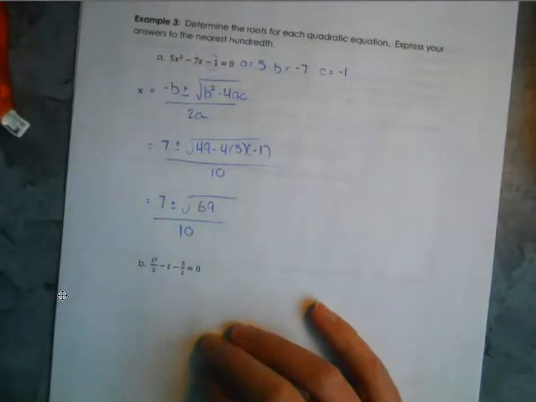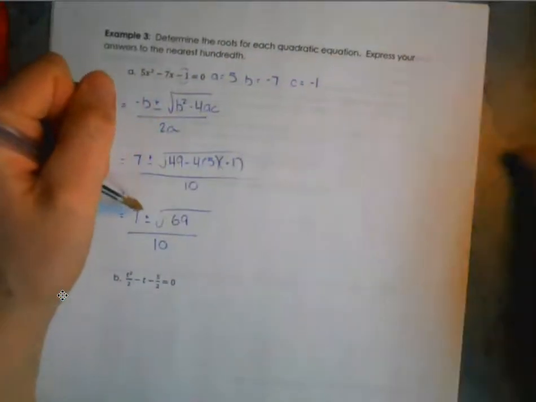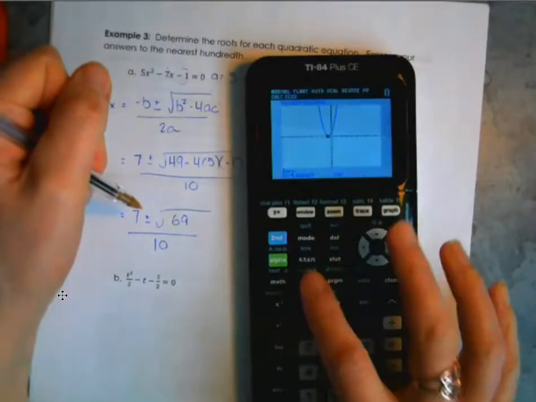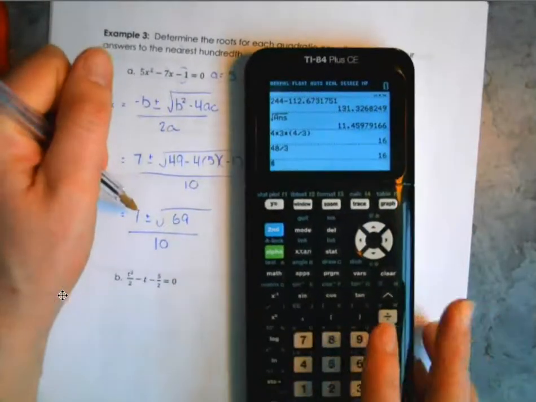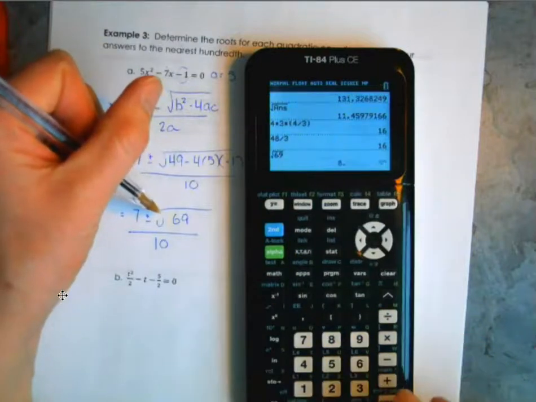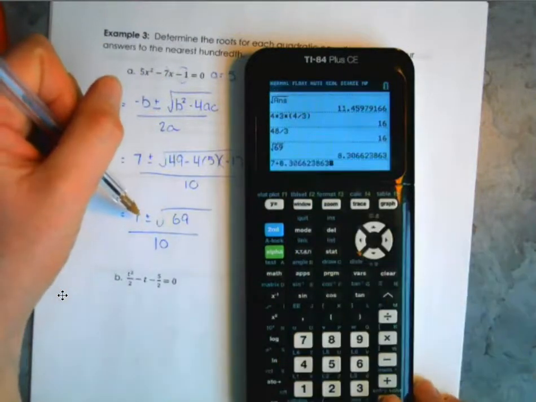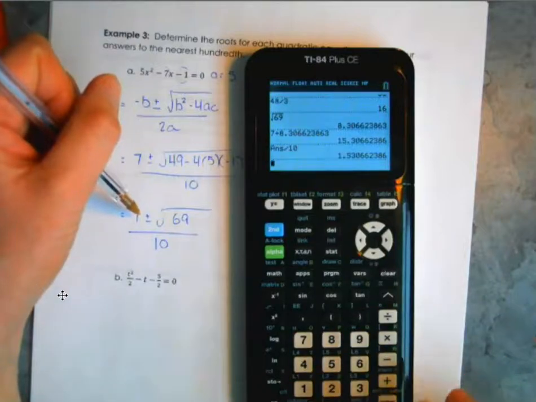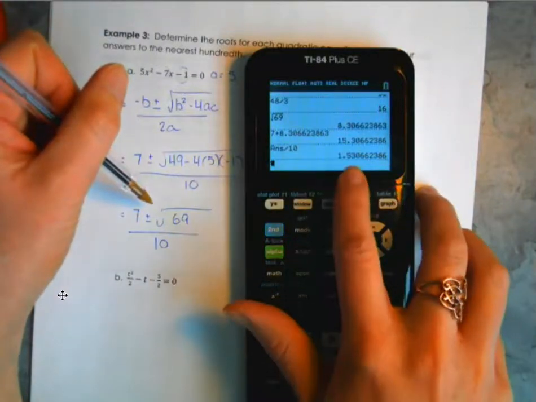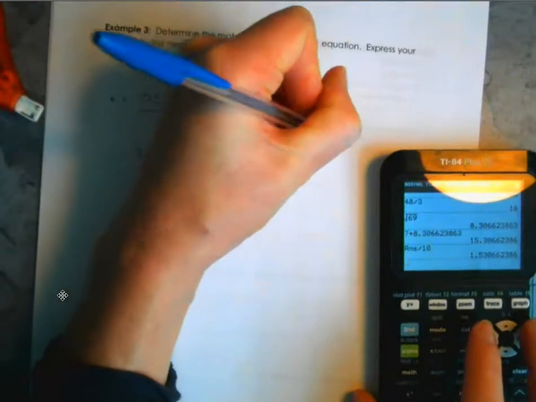So now when we're giving it to the nearest hundredth, that means we need to round to 2 decimal places. So basically in your calculator, for me, I just find the square root first. So I have the number there, and then I would go 7 plus that value divided by 10. That gives me 1.53. So to the nearest hundredth, I can say x equals 1.53.